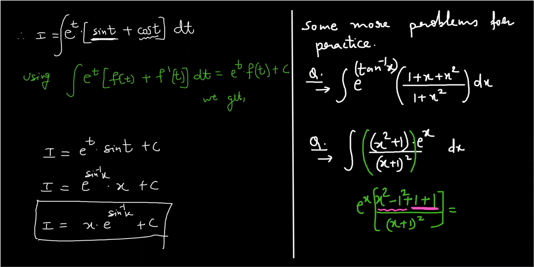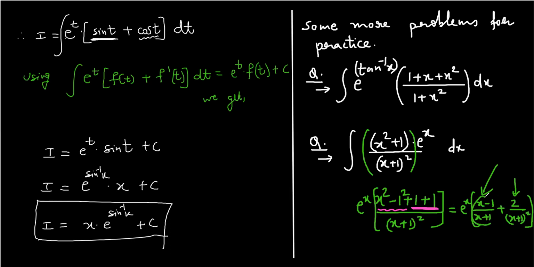So what do you get? You will get here e raised to x, and then x square minus 1 square upon x plus 1. So x square minus 1 square is x minus 1 times x plus 1. So x plus 1 will cancel, and you will write x minus 1 upon x plus 1. And here you will get 2 upon x plus 1 the whole square, and then dx and integral will be there. Now you will be surprised to know that this is your f of x and this is f dash x.